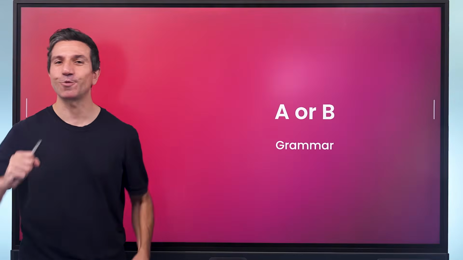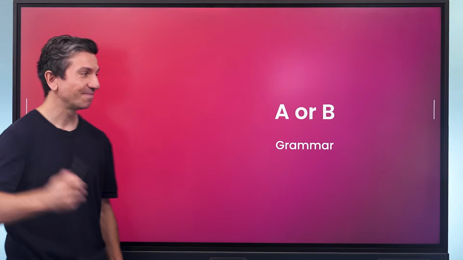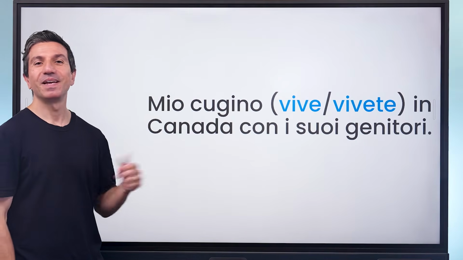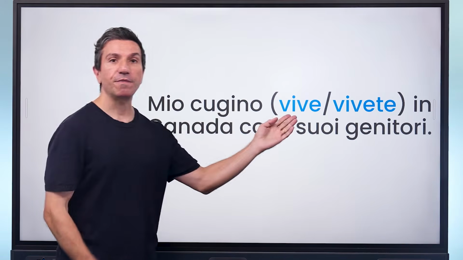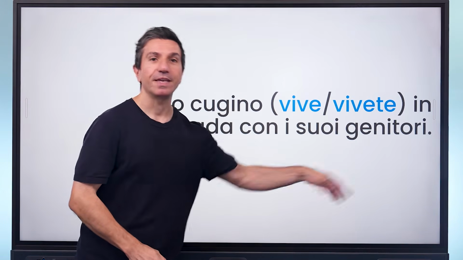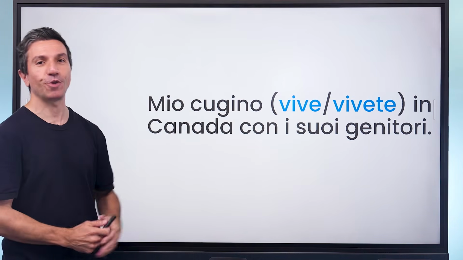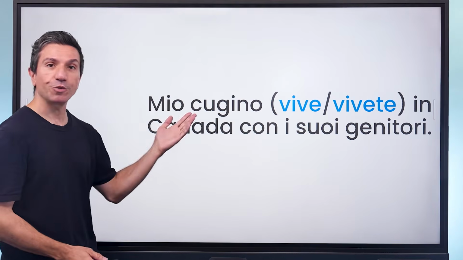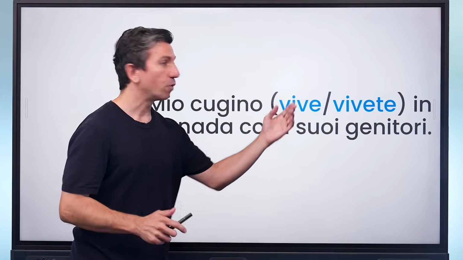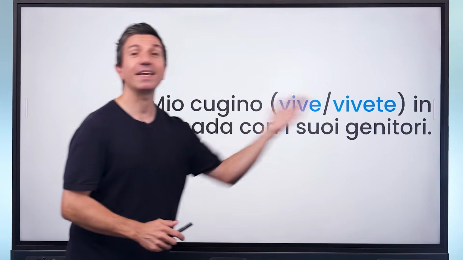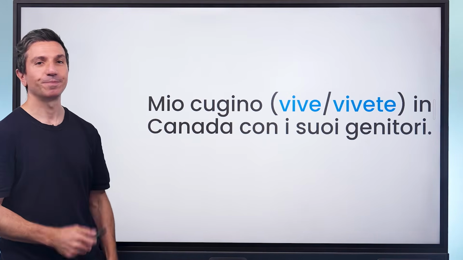Choose the best answer to complete the sentence. Ready? Mio cugino vive or vivete in Canada con i suoi genitori.